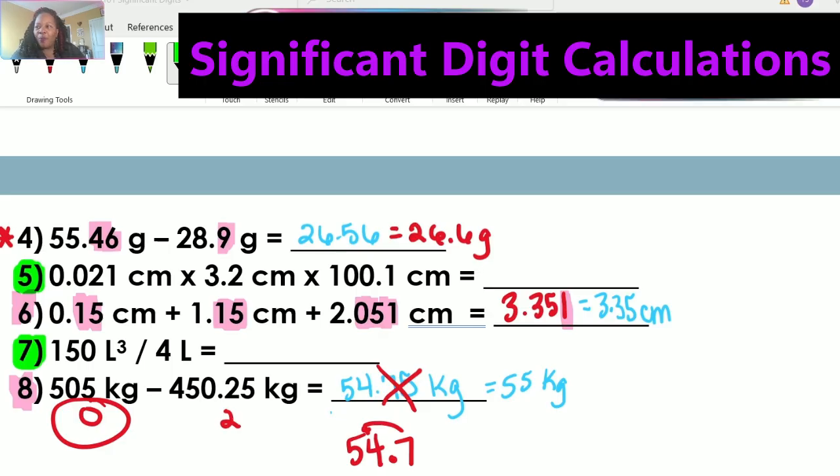Okay, so we had 0.021 times 3.2 times 100.1. And let's see here. So yes, run it up to 5,000 and then we will reveal the answer.